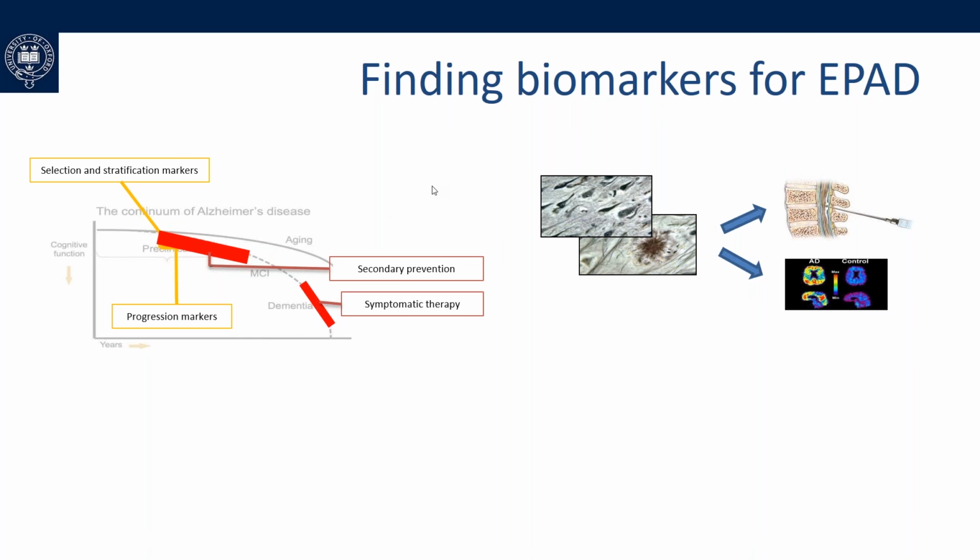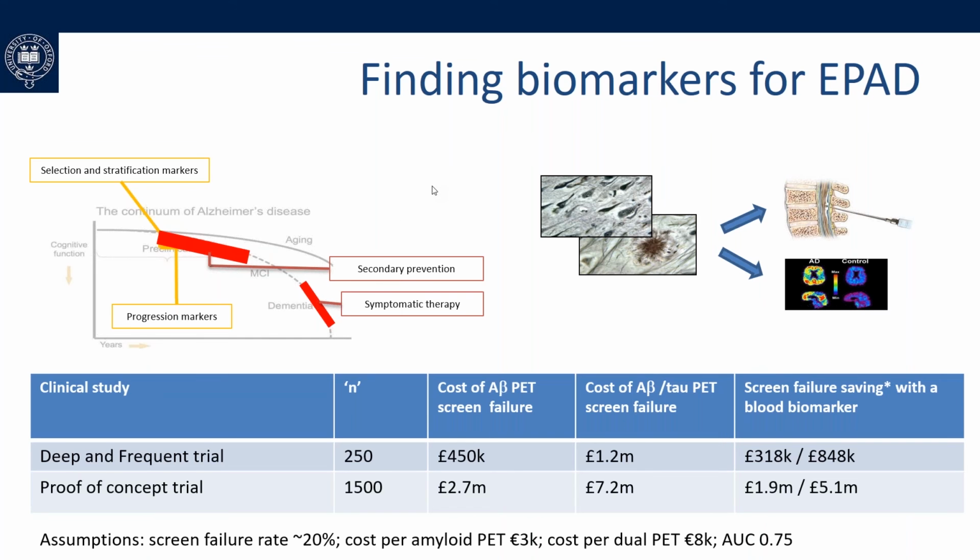The problem is one of cost. So here are two examples, one from a study I'll tell you about in a moment that has just 250 people. The other is for the proof of concept trial. Let's say we want to do a proof of concept trial in EPAD with 1,500 people. I've estimated the cost if we select by PET imaging.